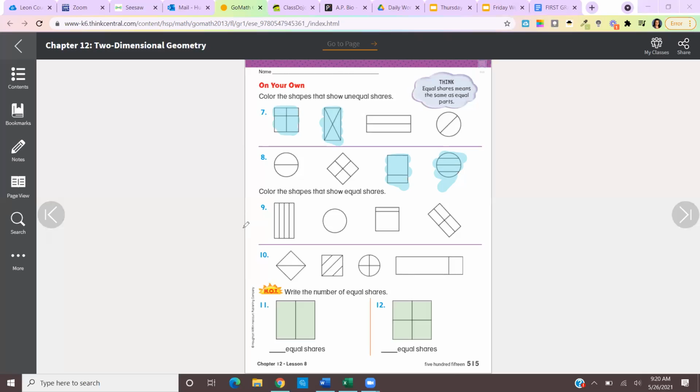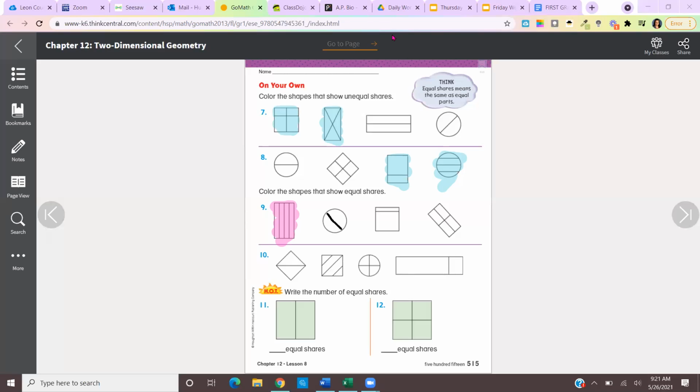So for numbers 9 and 10, we're now looking for shapes that show equal shares. So on number 9, does this shape show equal shares? Yes, all 4 of those rectangles are the same exact size. Uh-oh, my circle got messed up. This circle is supposed to have a line like that.